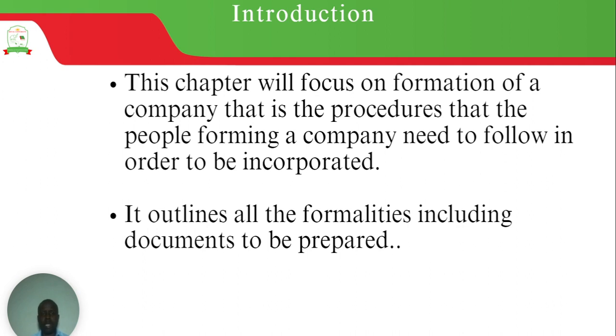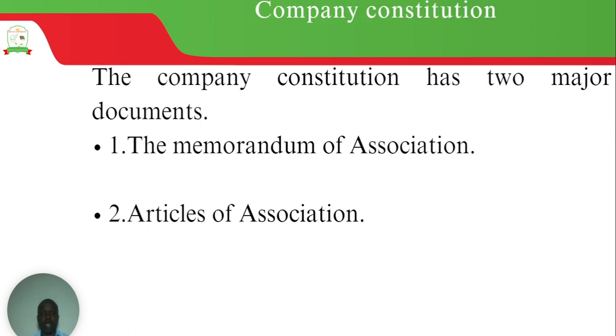We begin by an introductory review, and we will focus on formation of companies and the procedures that are involved, and also the formalities. We will also look at various formalities for registration. Now, we have very important documents that form the company constitution, and they form also the basis of the process of registration.